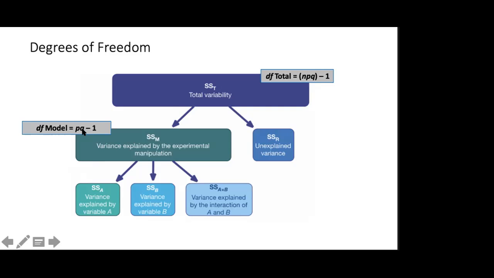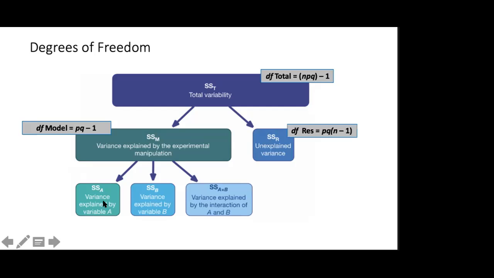So in the 2 by 2 example, it would be 4, so 2 times 2, 4, and then again we have to subtract 1 because we are calculating the overall mean across the different conditions.